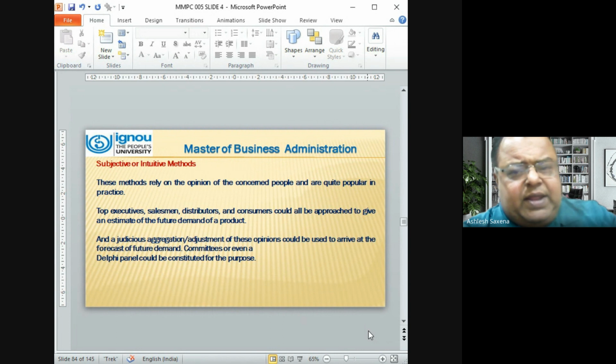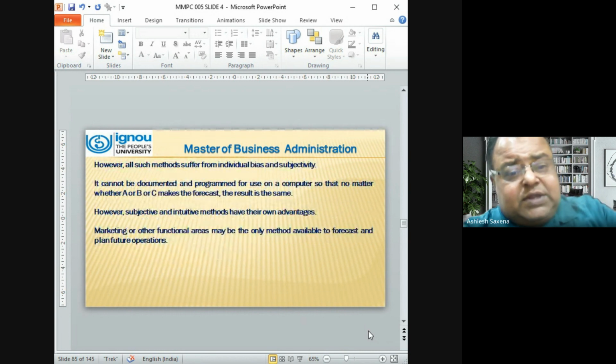That can be done on discussion only. And a judicious aggregation and adjustment of these opinions could be used to arrive at the forecast of future demand. Committees or even a Delphi panel could be constituted for the purpose.